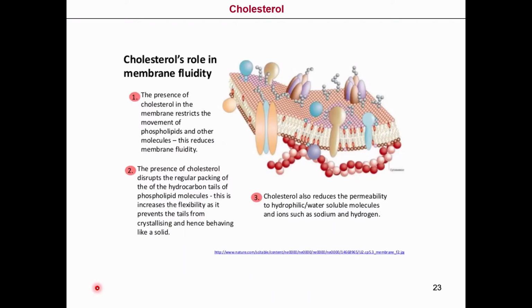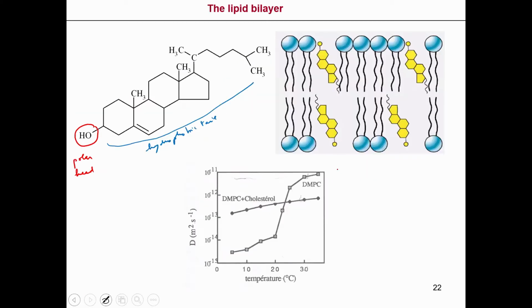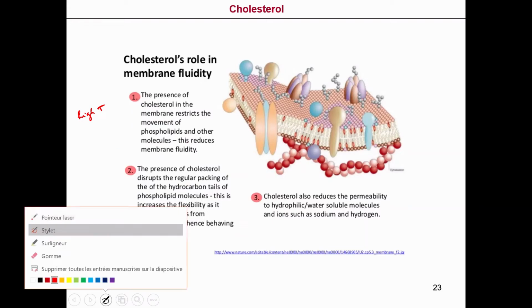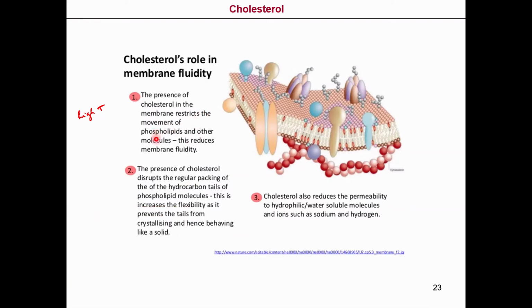Because at high temperature, this is this case, high temperature. So this is 1 and 2. At high temperature, the presence of cholesterol in the membrane restricts the movement of phospholipids and other molecules.